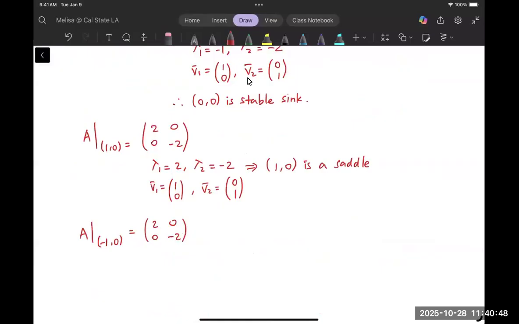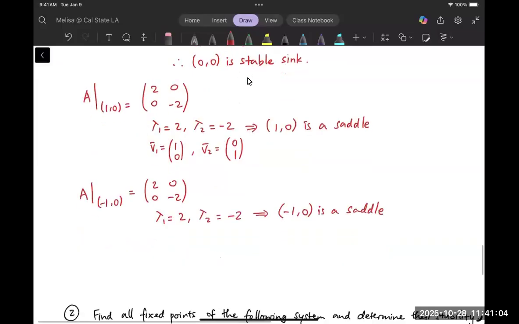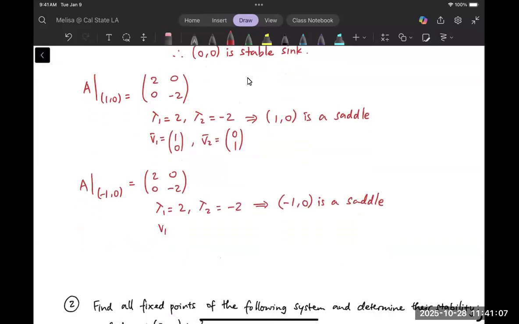So this is the same as the previous fixed point, because lambda 1 is positive, lambda 2 is negative. Therefore, -1, 0 is also a saddle. And then V1 is 1, 0, and V2 is 0, 1.